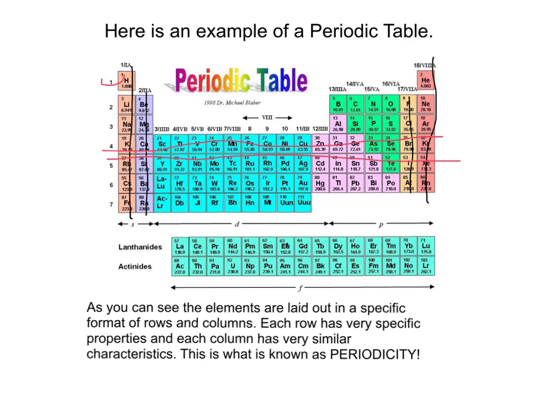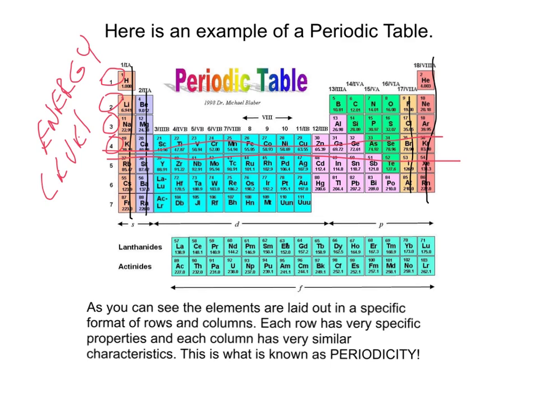These numbers over here, row 1, row 2, row 3, 4, those rows are also known as energy levels. And every one of those rows means there is another energy level of electrons outside of the front ones that are inside.